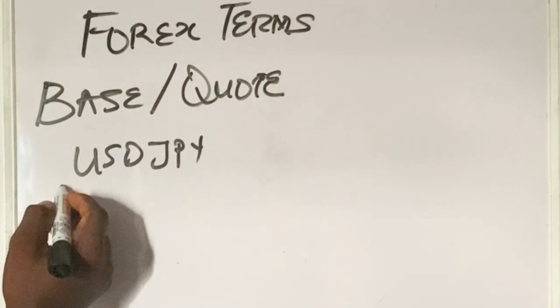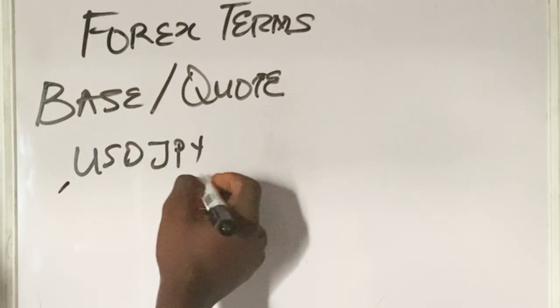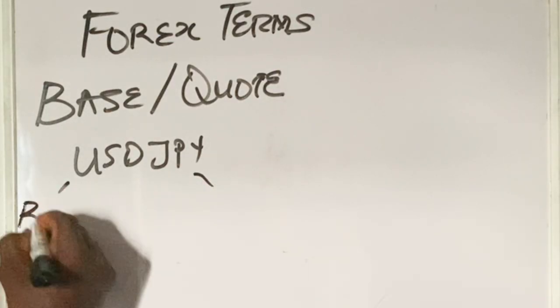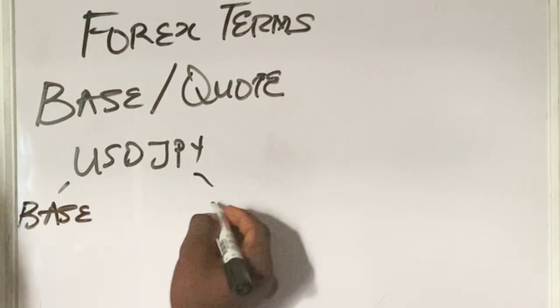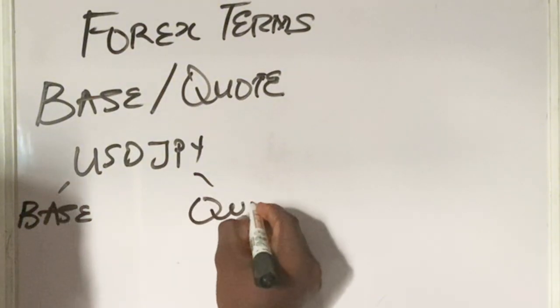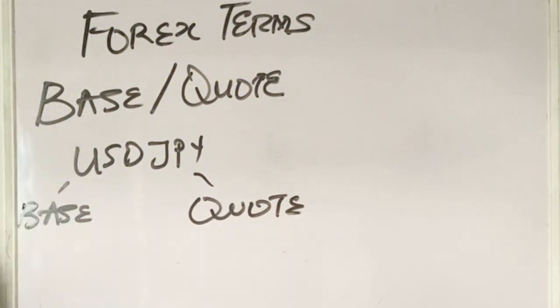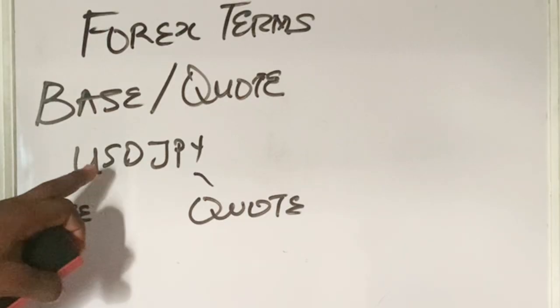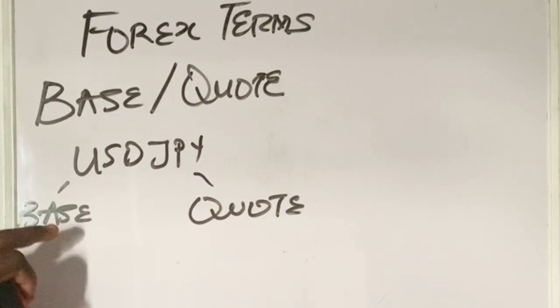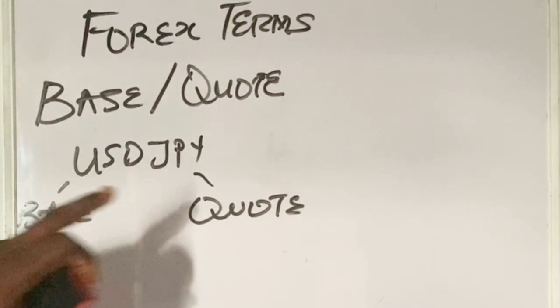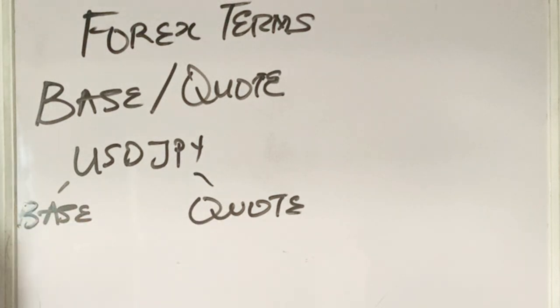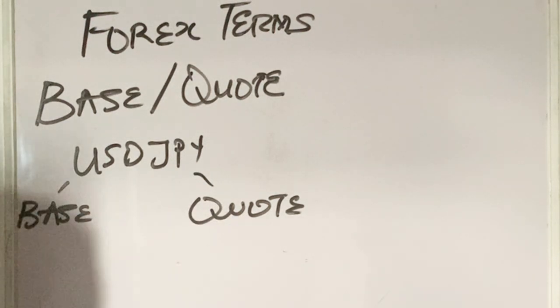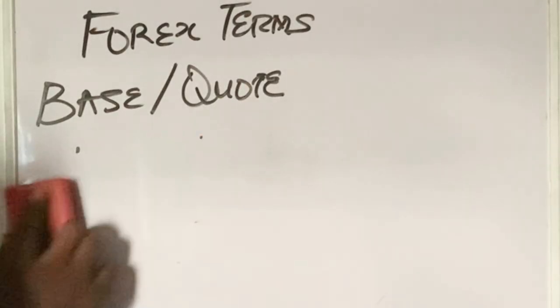The one that comes first is the base currency, then this is the quote. This one will be the base, then this is the quote. So this has higher value. The one with the highest value comes as base, then the second one is the quote. Hope you guys understand. So with this, let's go on to the next forex terms.